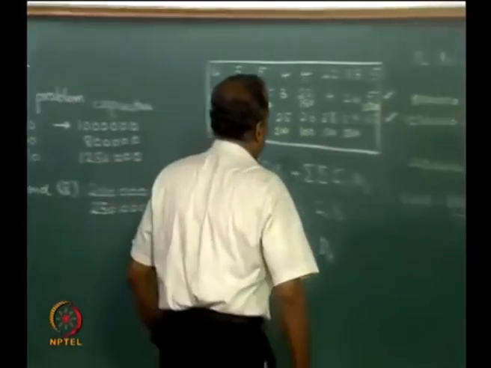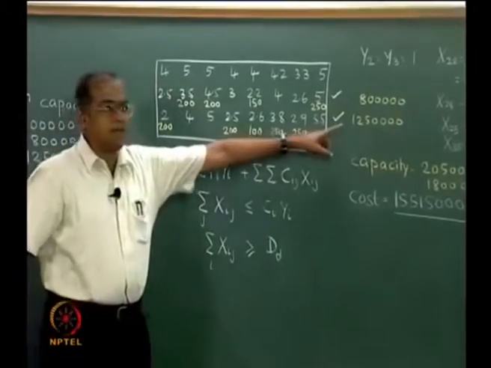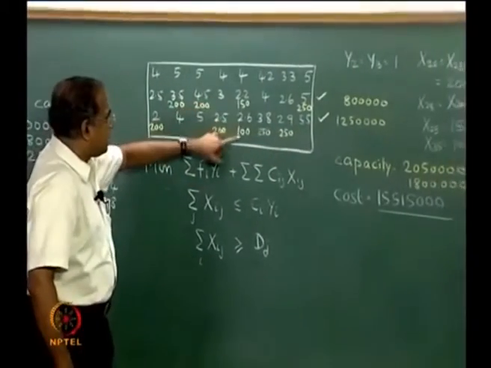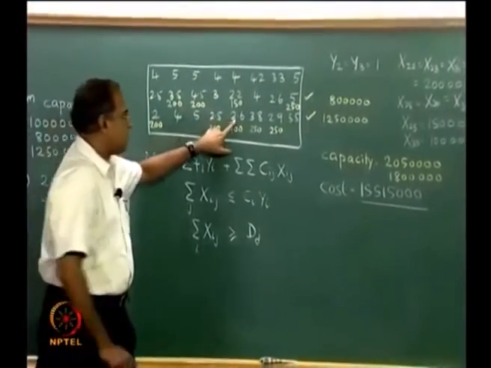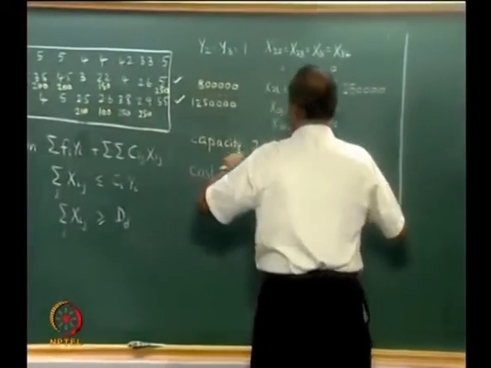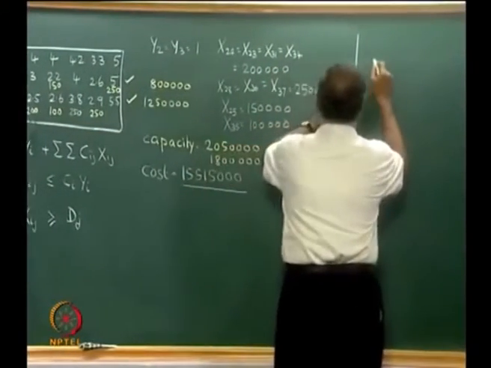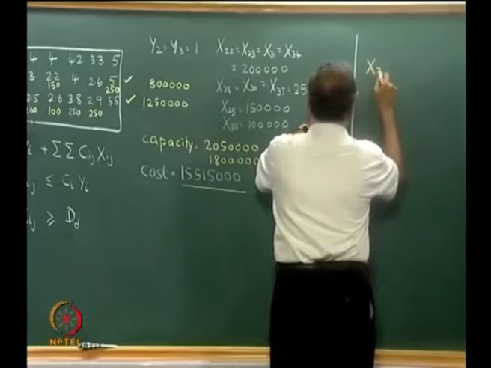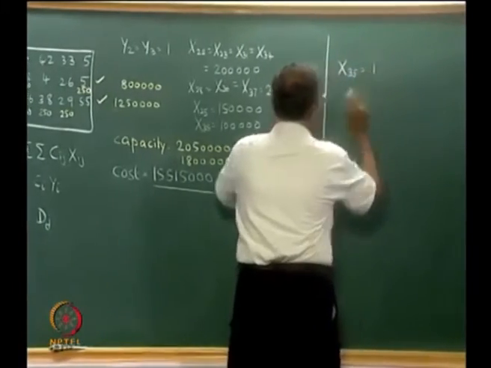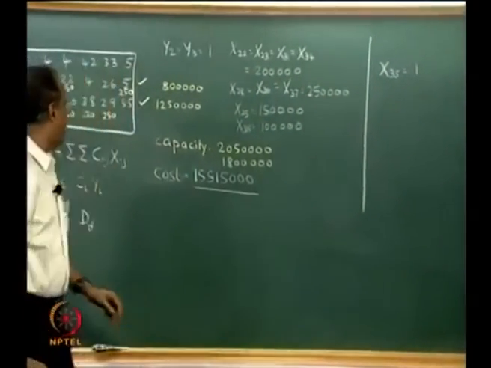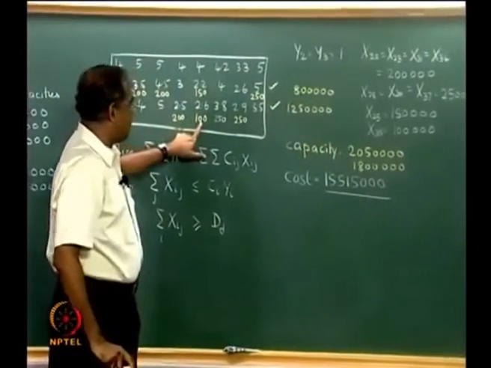So, in this case what will happen is, since there is additional capacity, this entire demand will be met from here. So, the solution would now become, the only change in the solution would be that x35 will be equal to 1 and the entire demand of 5 will be met only from this.